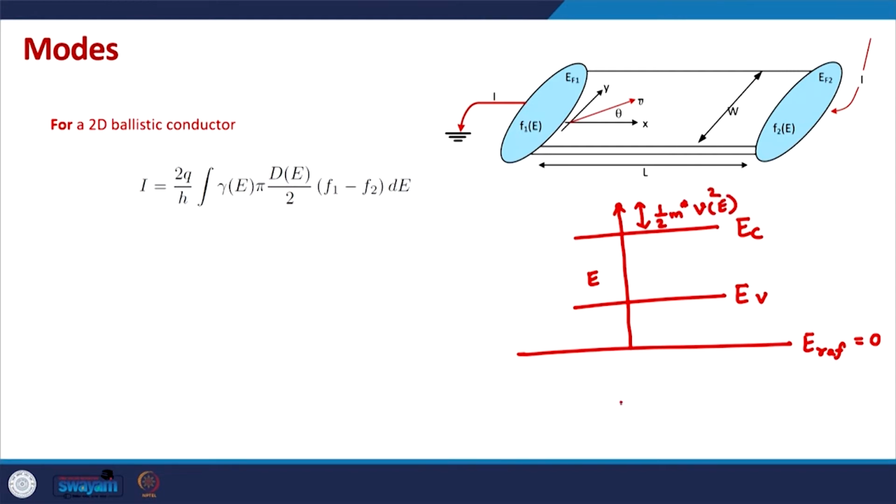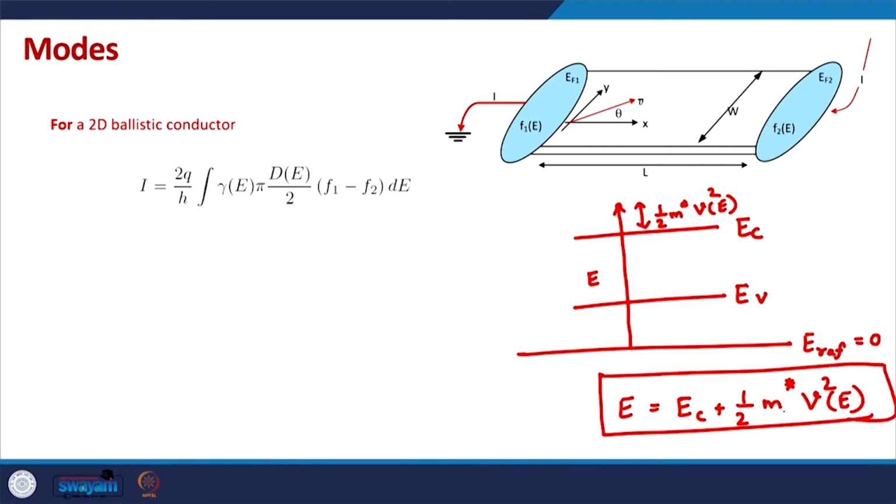So E is written as EC plus half m star Ve square.